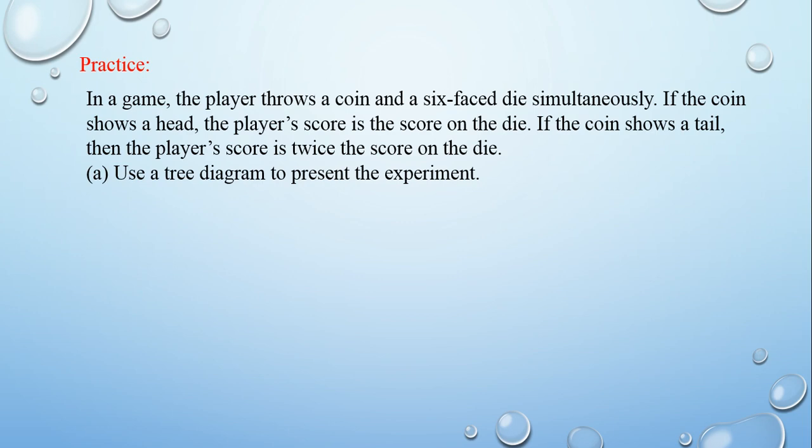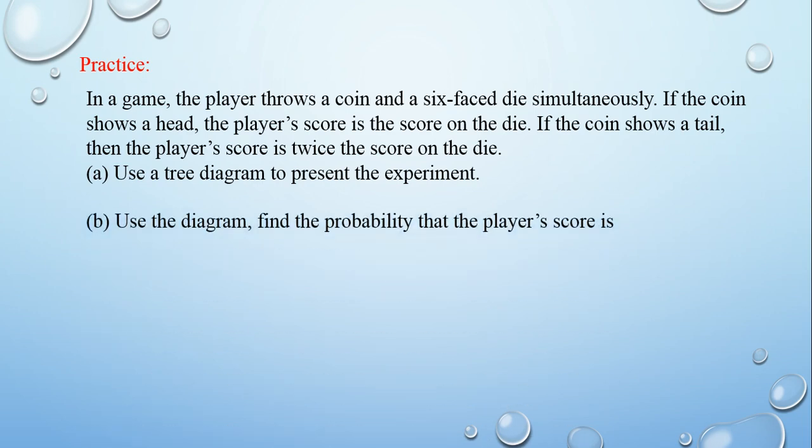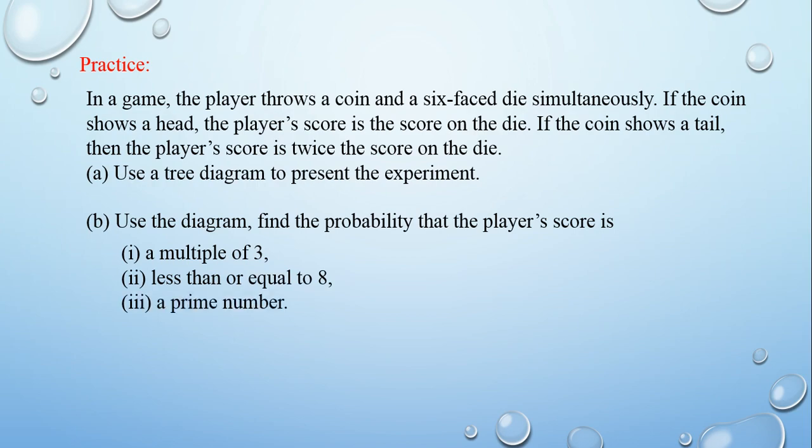Read it carefully. A. Use a tree diagram to represent the experiment. B. Use the diagram to find the probability that the player's score is 1. A multiple of 3. 2. Less than or equal to 8. 3. A prime number.